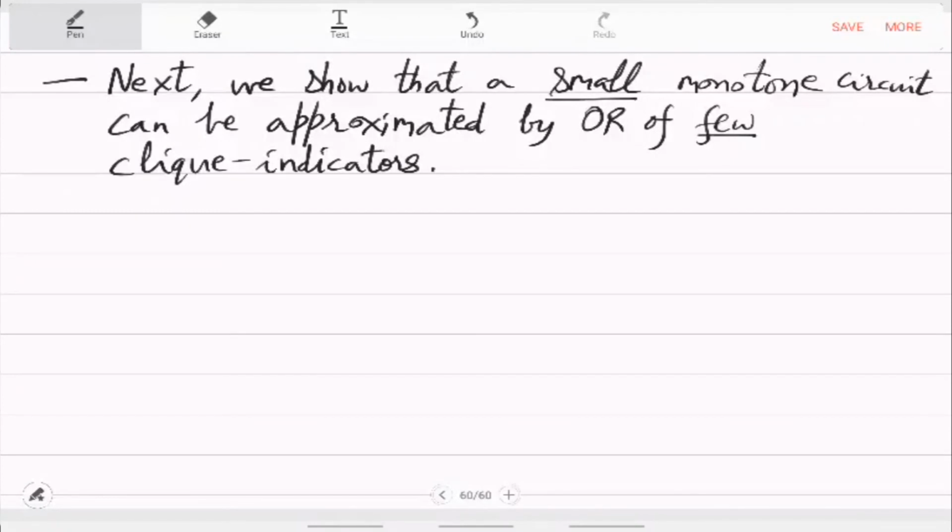Okay, so here we will talk about approximation, and we will show something opposite to what we showed for the clique function: that even fewer than n raised to square root k by 20 clique indicators, which we had before, are enough to approximate a monotone circuit.